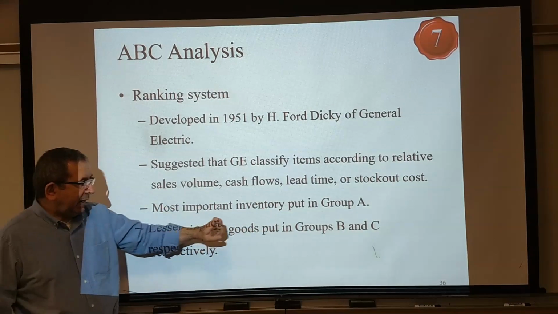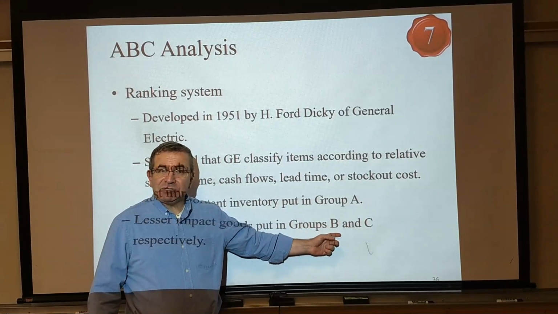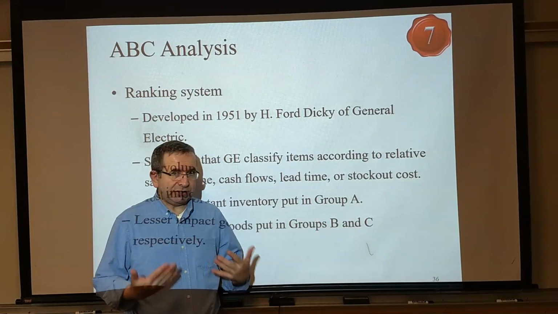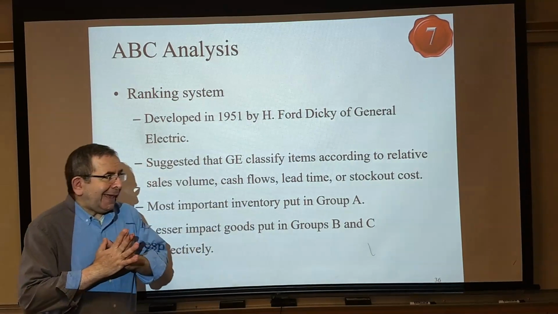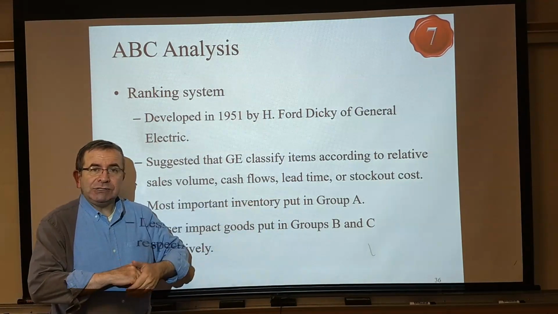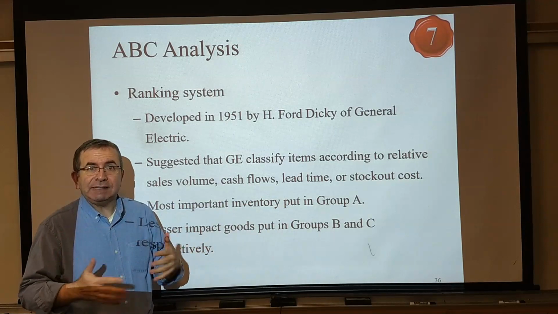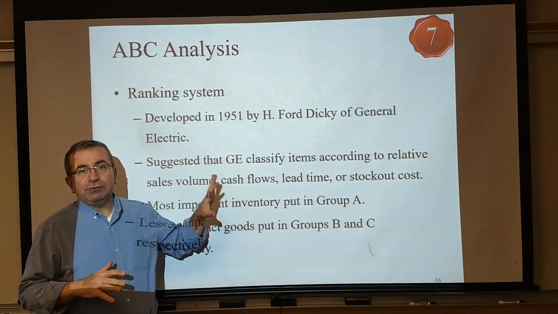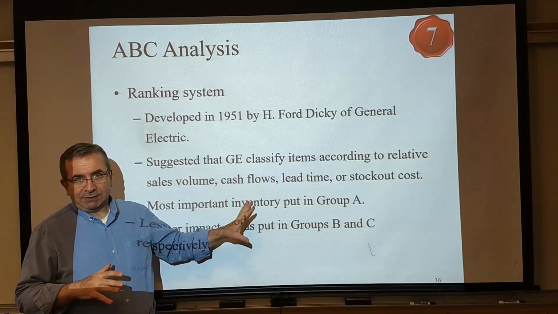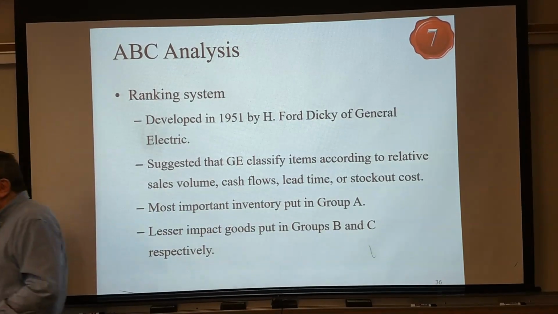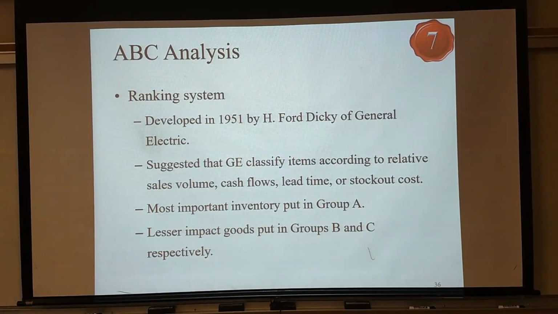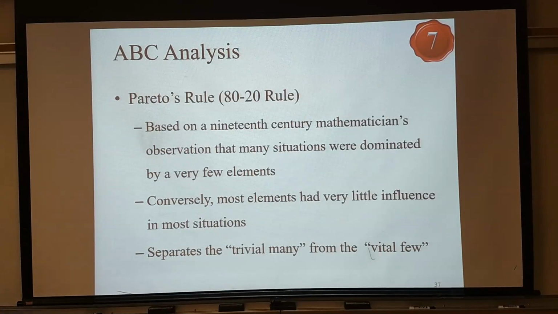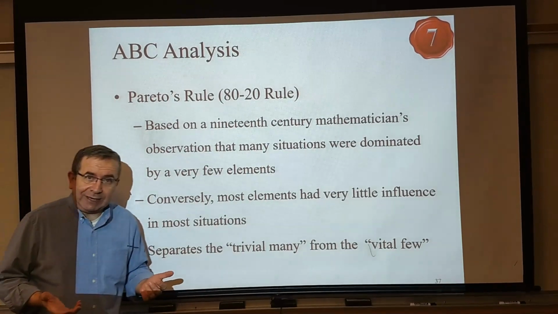And then there are less important items, B items, and then the least important C items. Depending on how important an SKU or an item is, you will have to follow different management policies. Okay? So how do you know which items are the most important items?